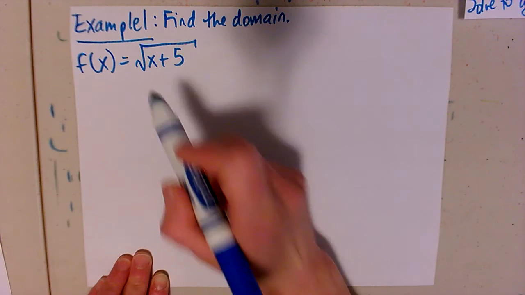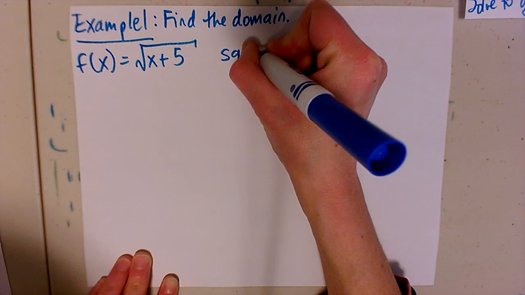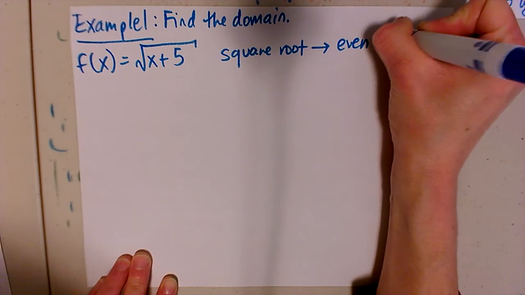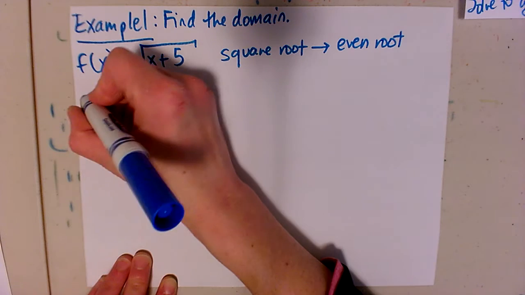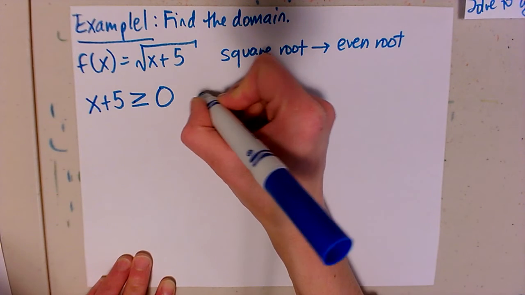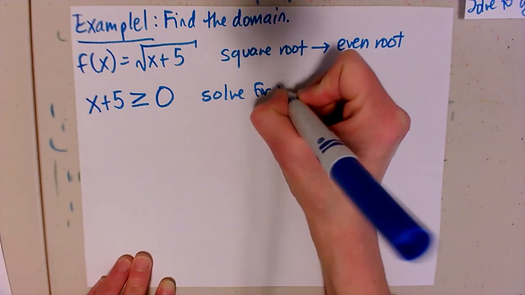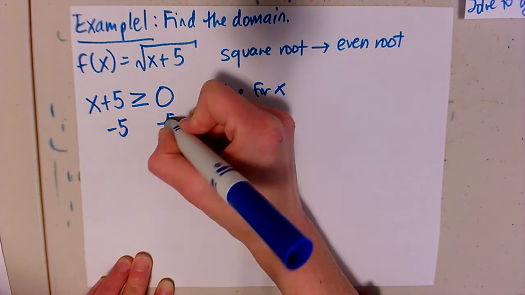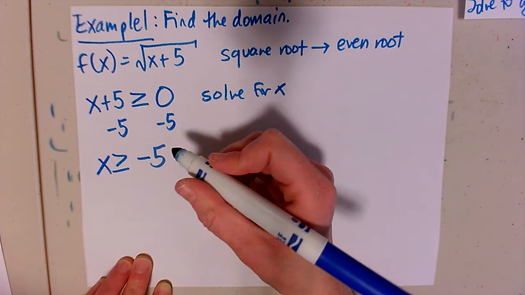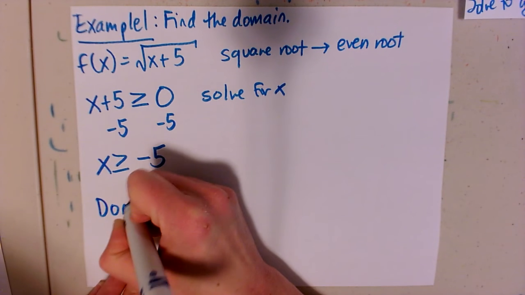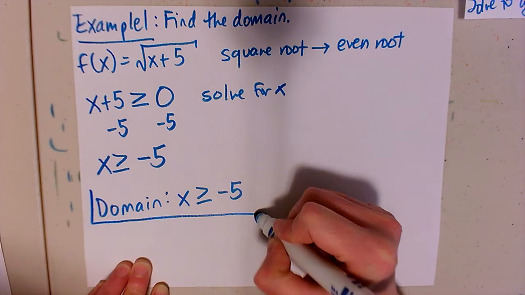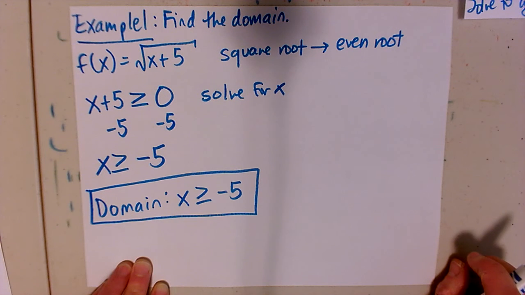This is a square root, which is an even root. So we take whatever's under the radical, which is x plus 5, and set it greater than or equal to 0, and then solve for x. I subtract 5, and I get x is greater than or equal to negative 5. So for this problem, the domain is x is greater than or equal to negative 5. And that's all you have to do, and you're all done.